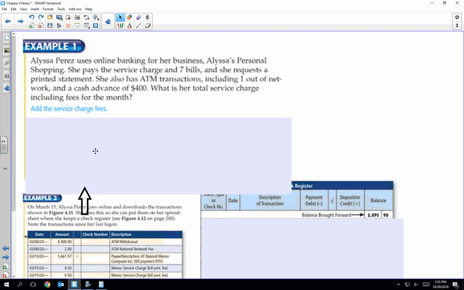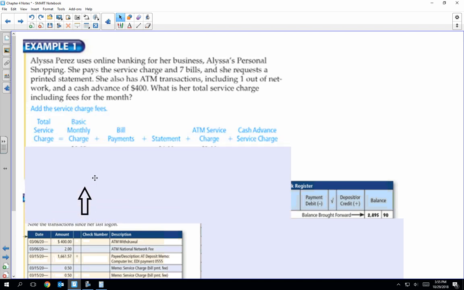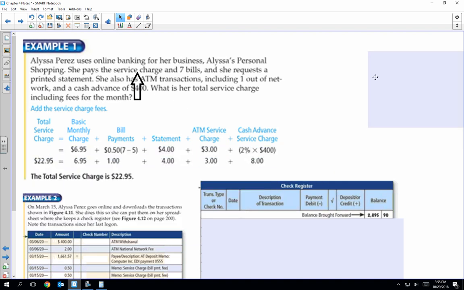So if you look at all of her charges, her basic monthly charge was $6.95. The first 5 bills are free, so she only needed to pay 50 cents for the 2 more that she got a bill payment for. So that's $1. To get a printed statement is $4.